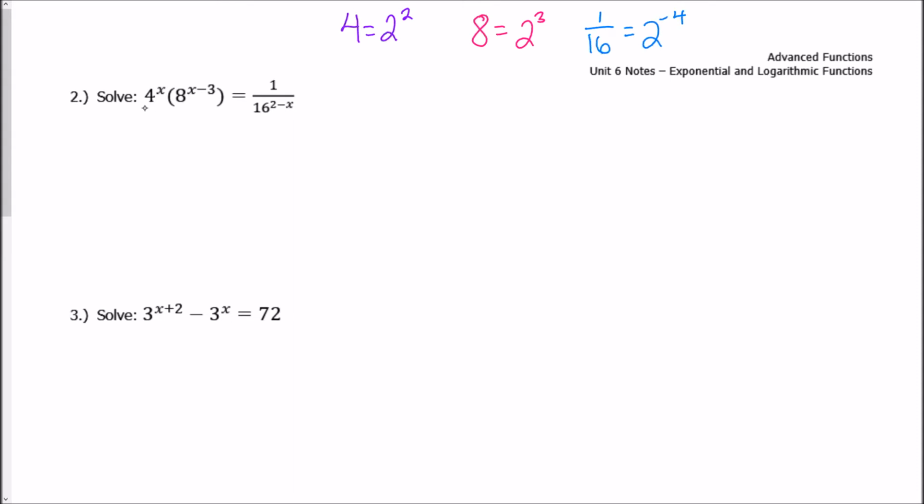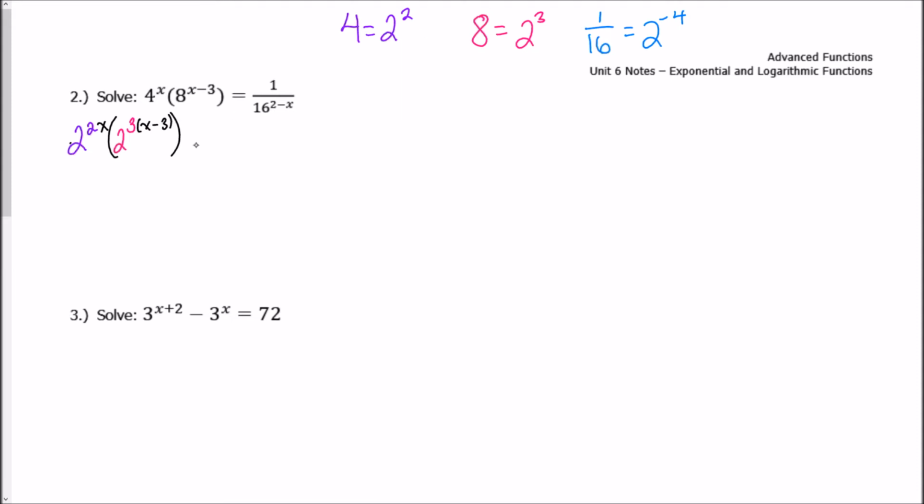So what we end up getting here is 4 written as 2 to the power of 2, but that's raised to the power of x. I'm just copying down what I have here, replacing 4 with 2 to the power of 2. Then that's multiplied by 2 to the power of 3, replacing 8, but there still is an x minus 3.